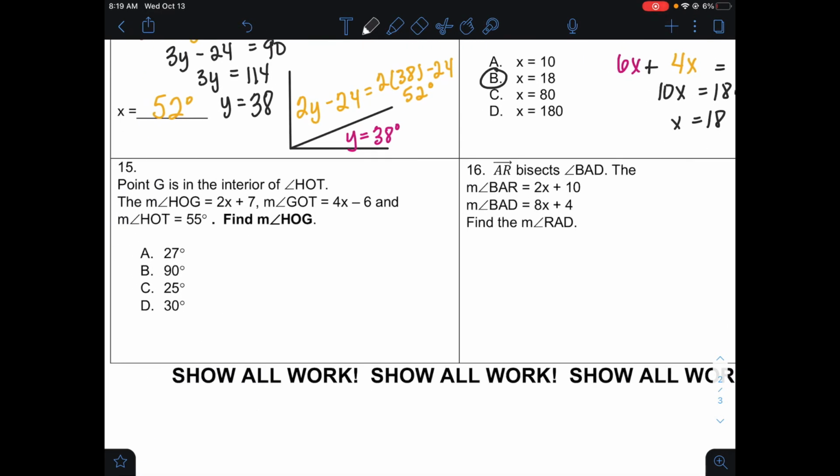Alrighty. I'm going to set up number 15 for you, and you're going to need to do it for yourself. So it says point G is on the interior of angle HOT. So this is angle HOT. And then it says point G is on the interior, so we'll just put G somewhere inside.